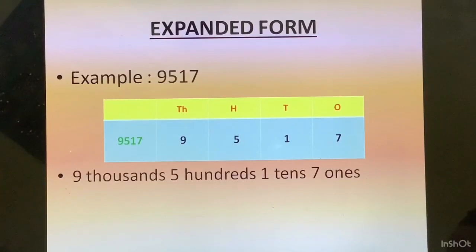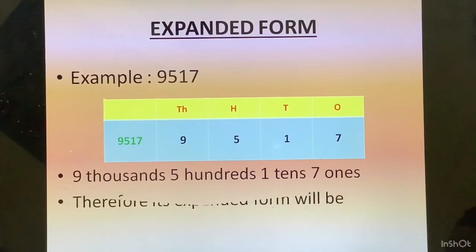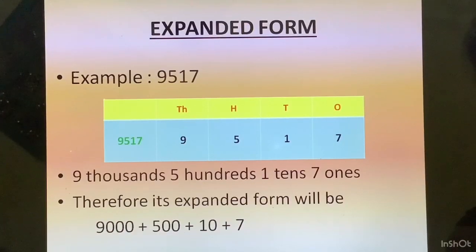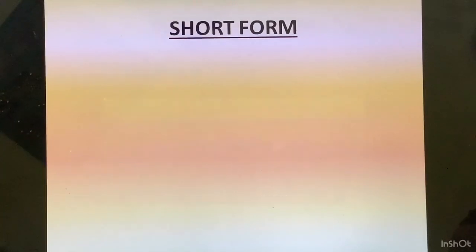Now from here we can write this in expanded form like this: 9000 plus 500 plus 10 plus 7. You don't have to write the in-between step of 9 thousands, 5 hundreds, 1 tens and 7 ones. When you have the number, you can directly write the expanded form.